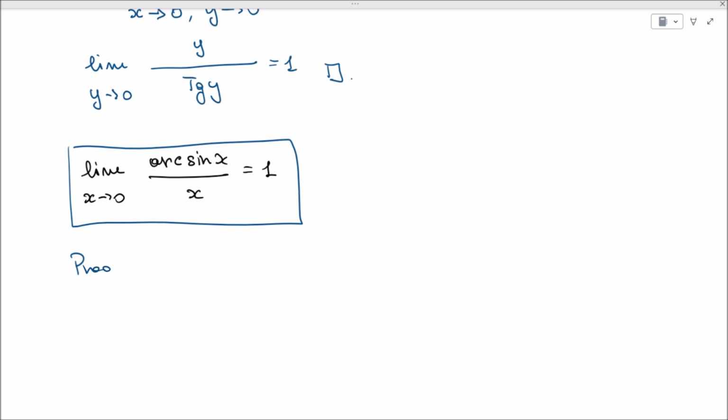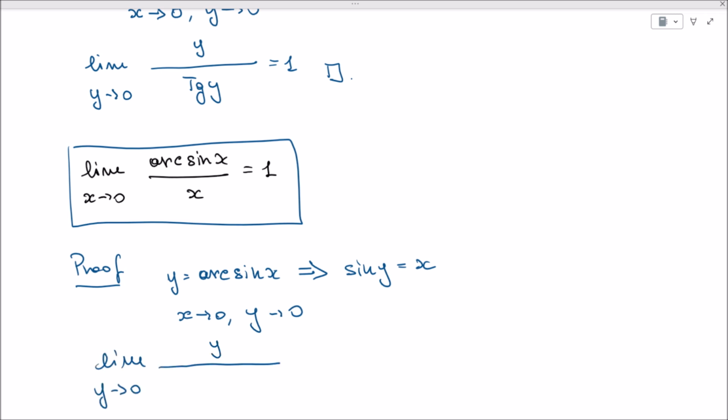We can just set y equal to the arc sine of x, and then applying the sine function, we have that the sine of y is equal to x, and we know that if x goes to 0, y goes to 0. So this becomes the limit as y goes to 0 of this fraction. Instead of the arc sine of x, we'll write y. Instead of x, we will write sine of y, but we know that this is equal to 1, and this is an easy proof to do, right?